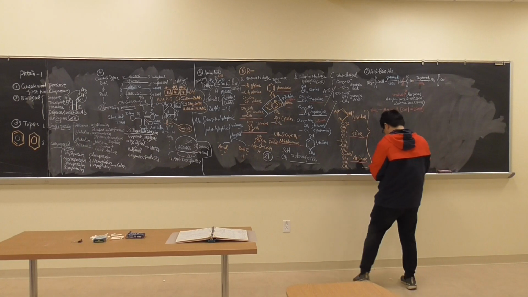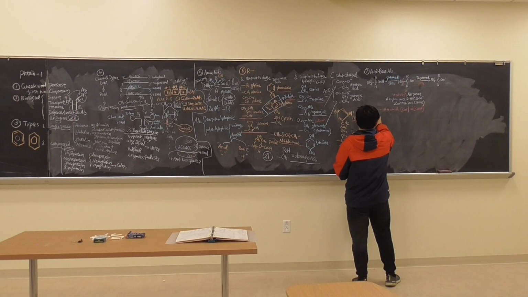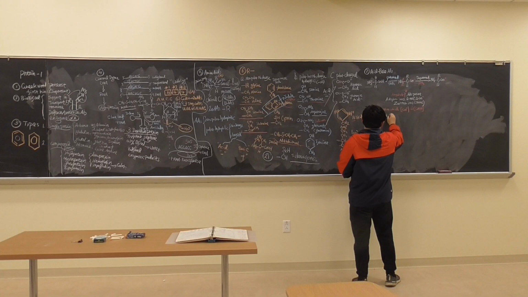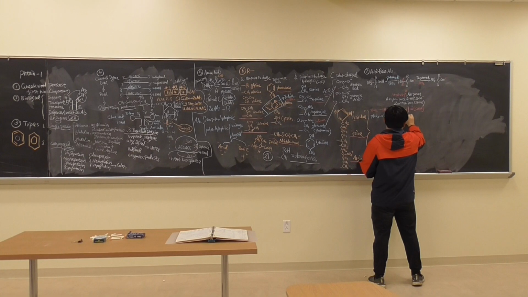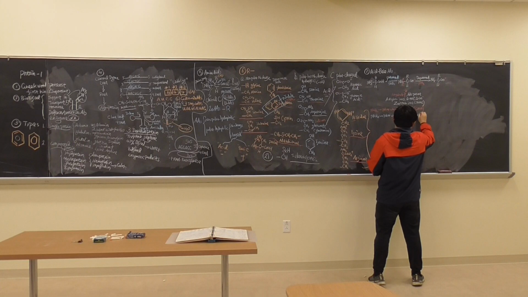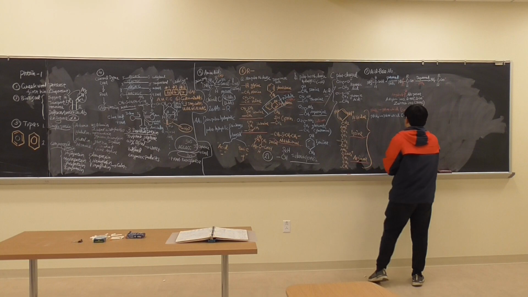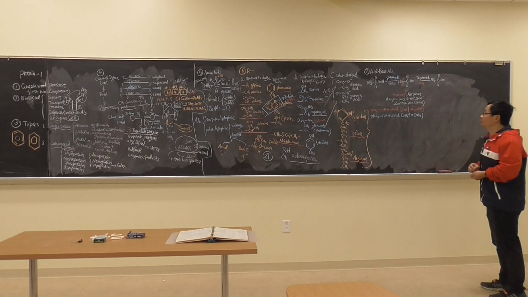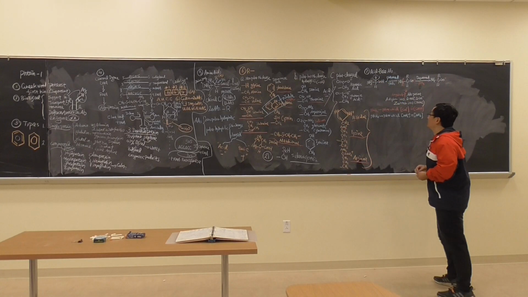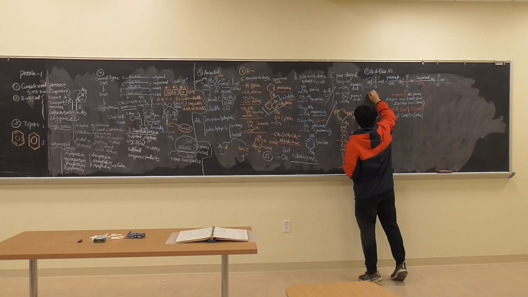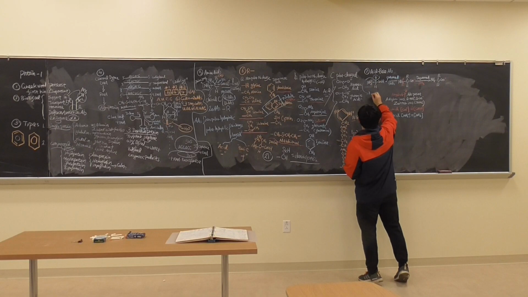Then we have pK2. What is pK2? It is the pH at which the charged amino group equals the non-charged amino group. That's called pK2. And don't forget, there is another tricky one, the side chain. We just call it pK3.